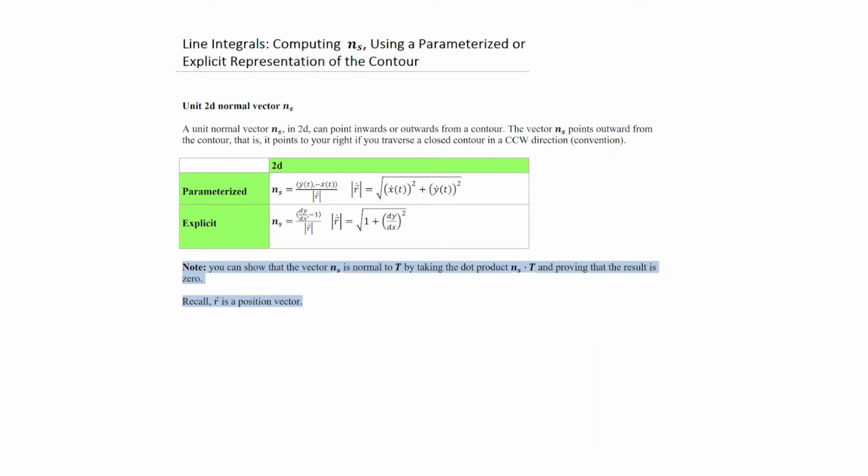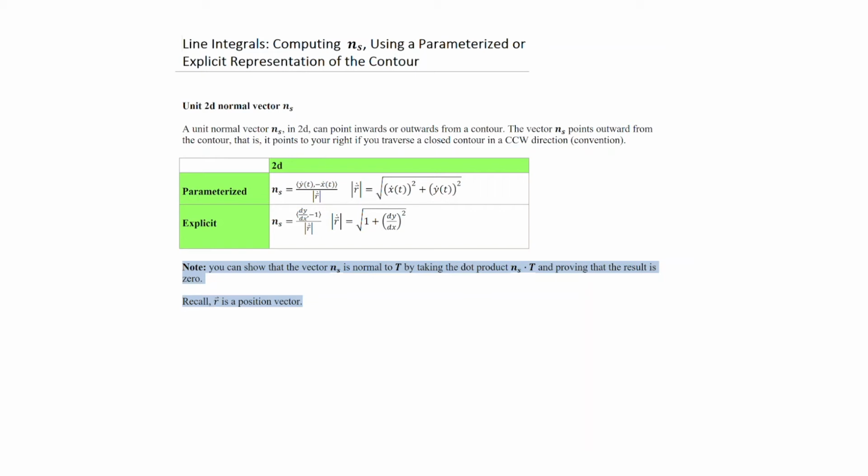That is, it points to your right if you traverse a closed contour in a counterclockwise direction. And this is another one of these conventions that we're going to be adopting, okay? So if you're moving around a contour in a counterclockwise direction, look to your right. That is the direction in which the unit vector ns should be pointing.